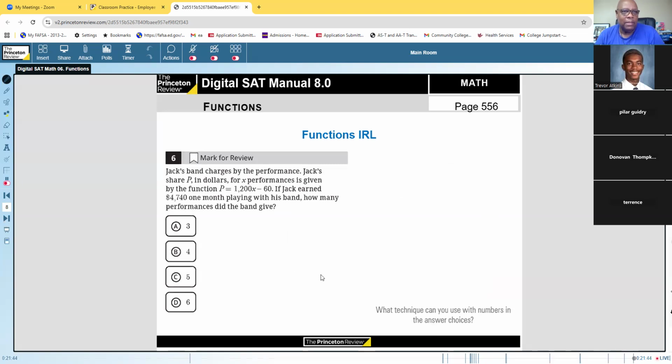All right, number 6, functions IRL, in real life. Functions in real life. Why don't you look at this problem and then we'll talk about it. Go ahead. You should really concentrate on what technique you're going to use to solve these problems. And they try to help you down here. What technique can you use? We'll talk about techniques again in a minute in a very direct way.